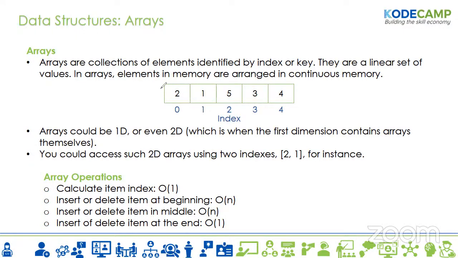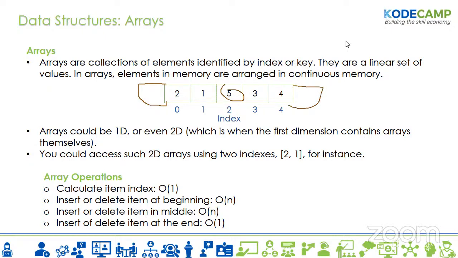So if we want to insert something here, for example, a new element here, then we would have to move these other ones by one index each. So everything is affected from the start to the last. If we want to do that from the middle, we would also have to move each. And if we want to do that from the end, it is only then that it will be constant time.